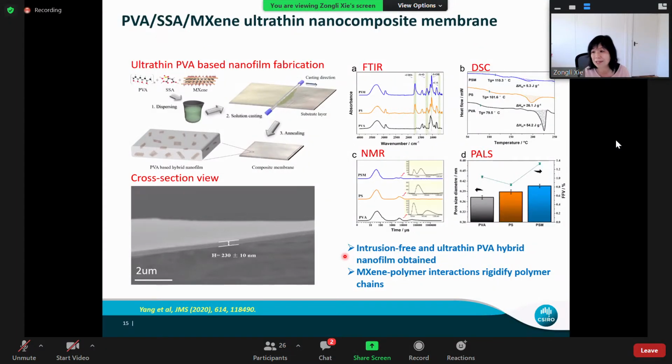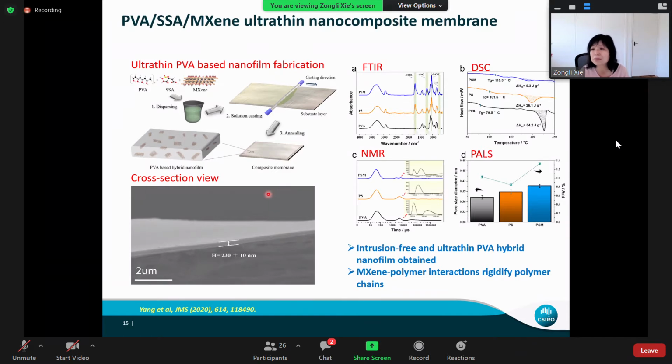We started exploring how we can make an ultra-thin membrane. We utilized the solution casting method, and the aim is to make an ultra-thin PVA nanocomposite layer on the substrate.